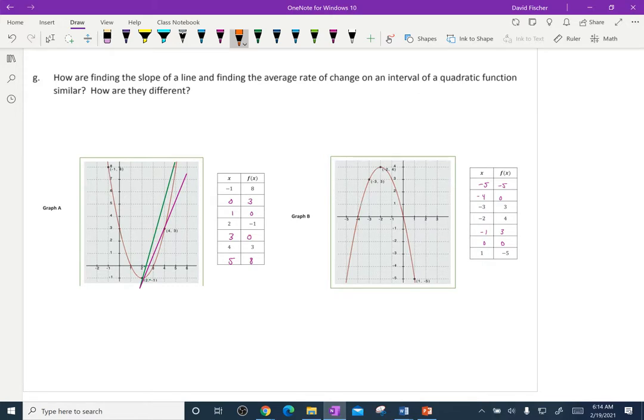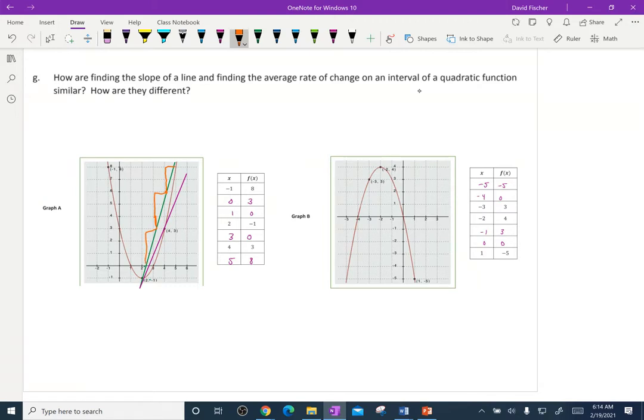I could go from here down to here, and it's going to be over 1, down 2. I could go over 1, down 2. That's a little bit more than 2 because I didn't really pick a good coordinate. Okay, but my point is that our slopes on a linear line are going to be the same.